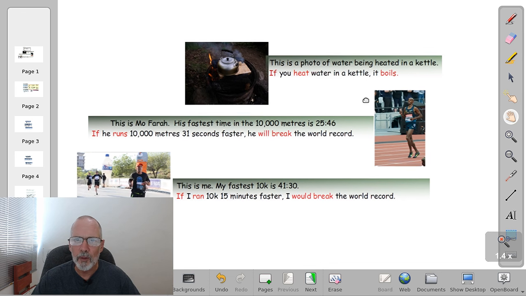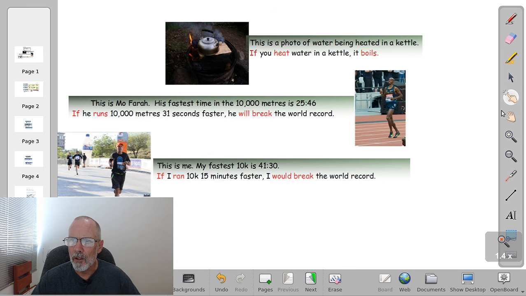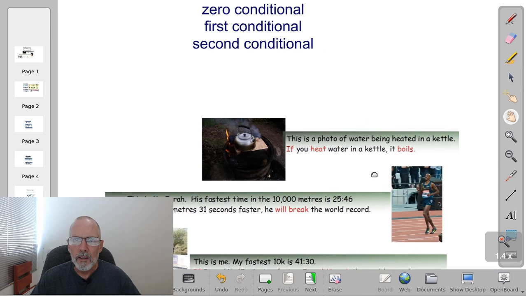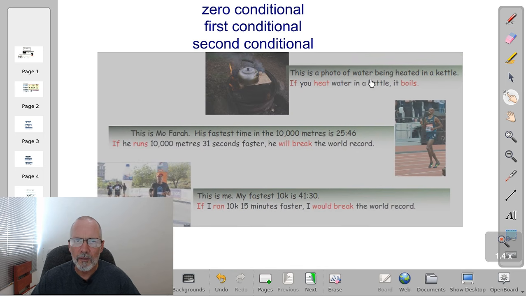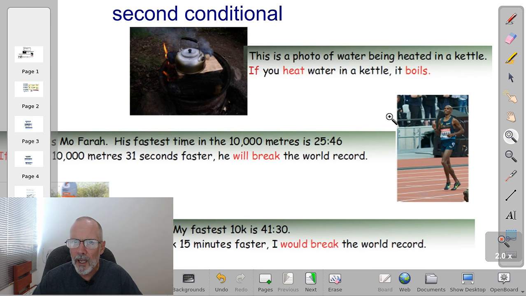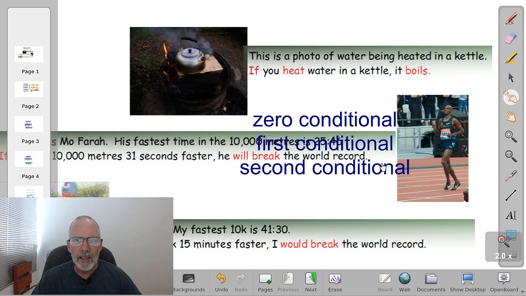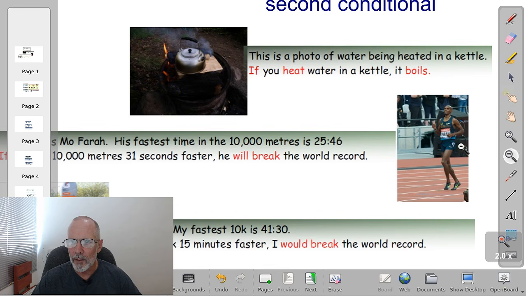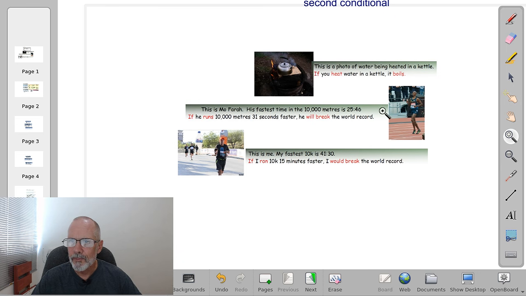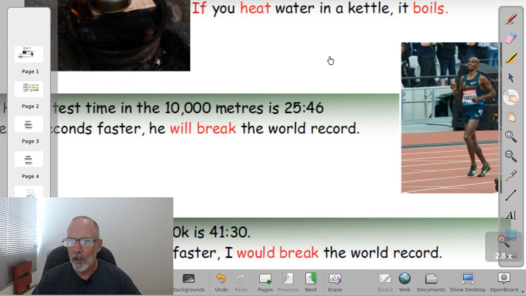I'll have to move the page. Sometimes it's a bit tricky with this technology. I think you can see it. Up there I've got the second conditional. This is the first one here. Okay, I think I've got it now.